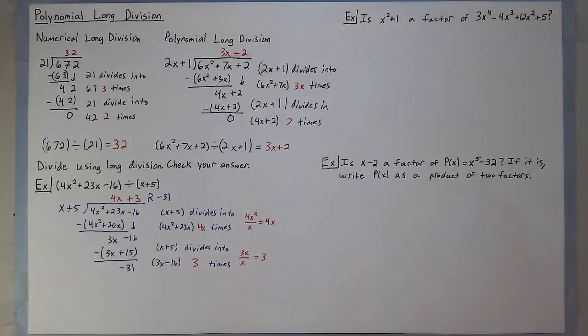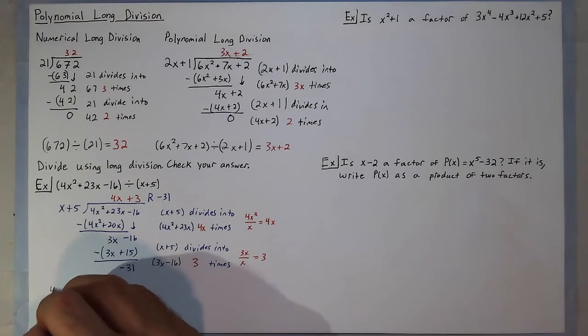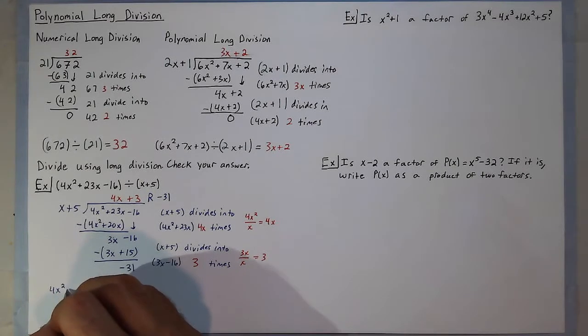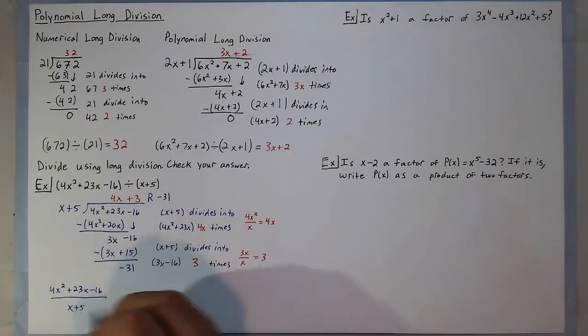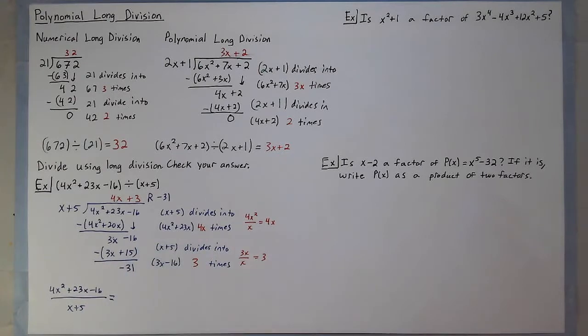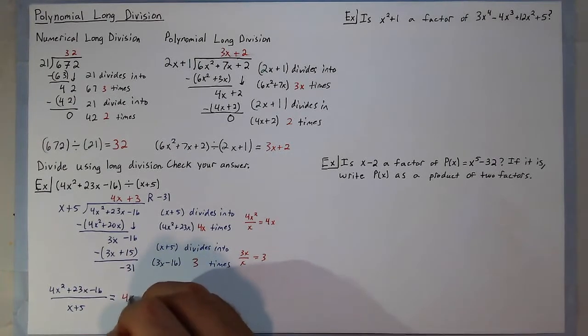A better way to write this answer would be this. Right now I'm doing 4x squared plus 23x minus 16 divided by x plus 5. When I divide by it, I get 4x plus 3.